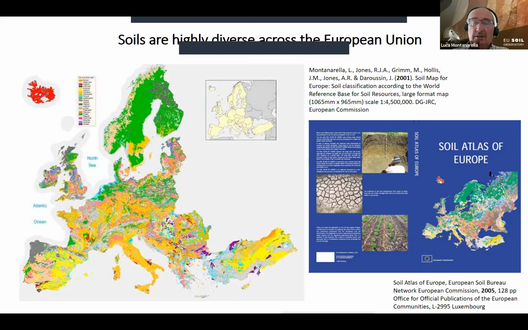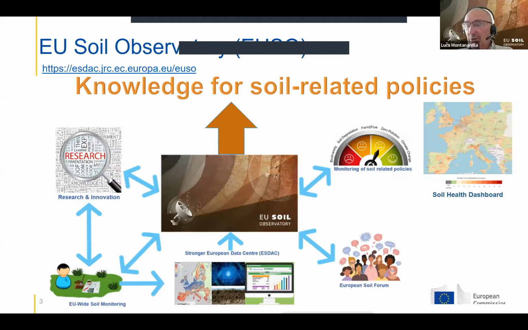Now, having said this, we have still worked for many years on trying to bring together a homogeneous set of data that can allow policymakers, but also users and stakeholders in general, to have data and solid information about soils across the EU and across Europe, and also beyond Europe in some data sets.